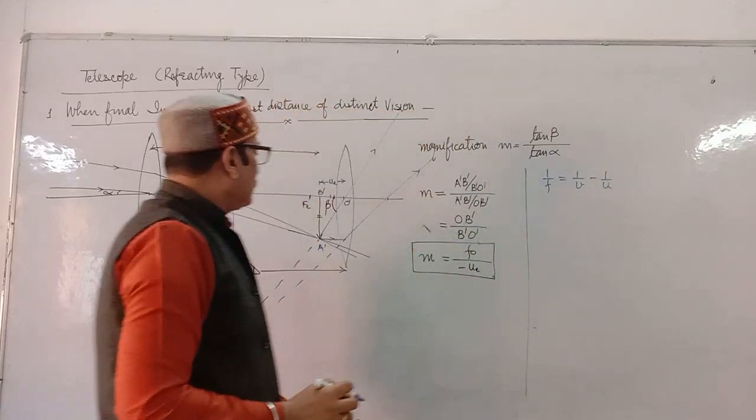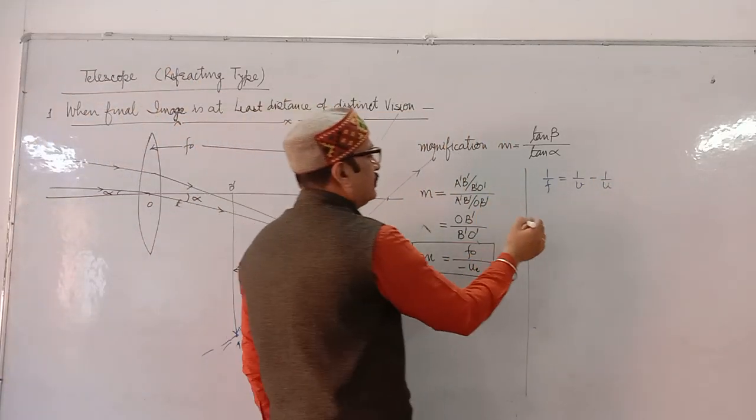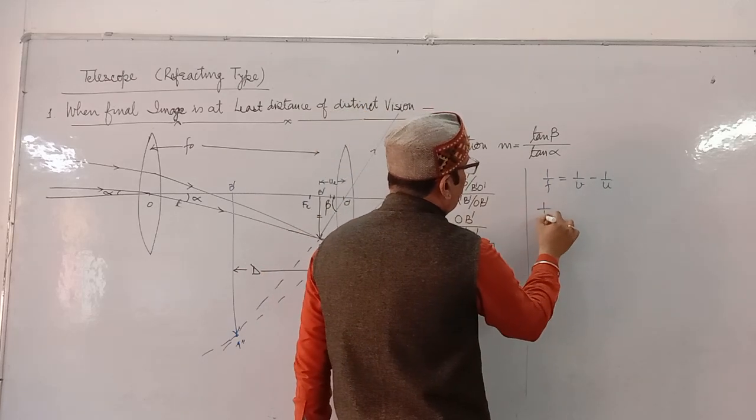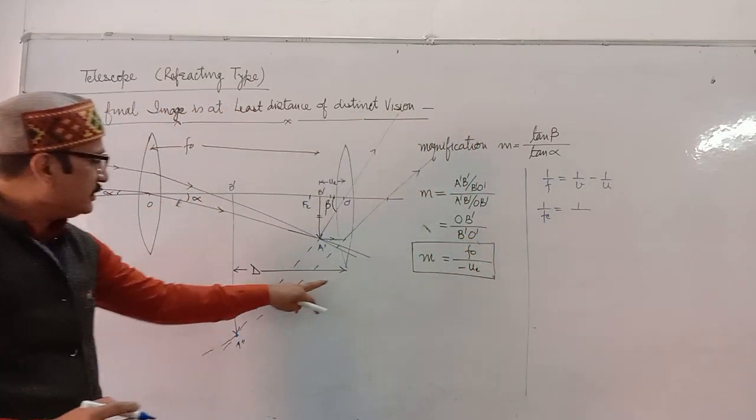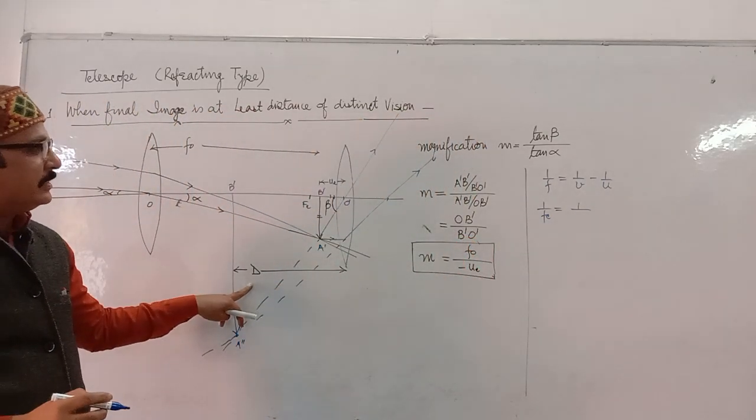In the case of the eyepiece, if we put the values, this will be 1 upon FE equal to 1 upon V. What is V? V is the least distance of distinct vision.